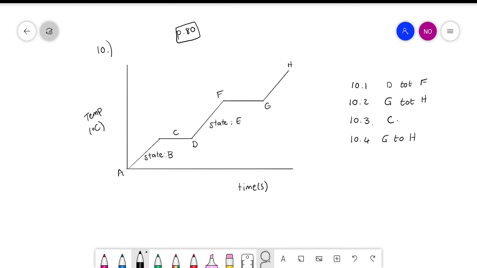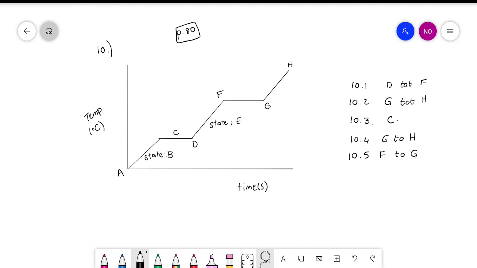Okay, goed. En die laaste ene, nogie. Where does the liquid boil? From F to G. Okay.